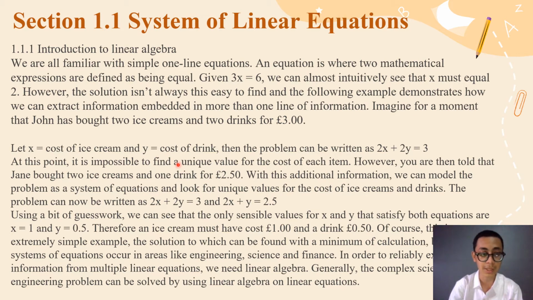The problem can now be written as 2x + 2y = 3 and 2x + y = 2.5. Using a bit of guesswork, we can see that the only sensible values satisfying both equations are x = 1 and y = 0.5. So we can conclude the equation.